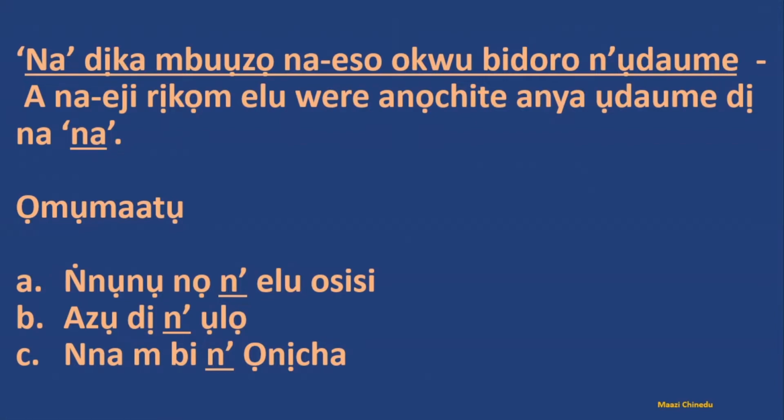So you use apostrophe to replace a that is in na. For example, if a word that follows na starts with a vowel, you will replace the a with an apostrophe.